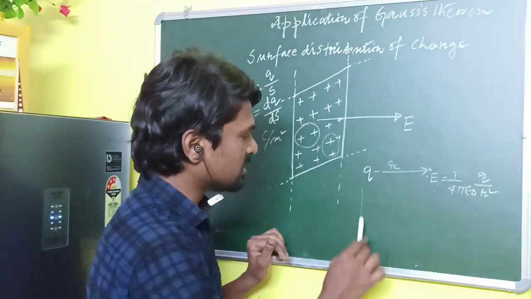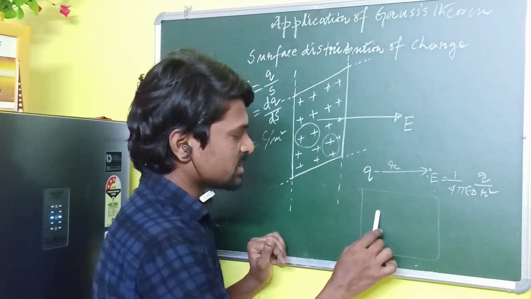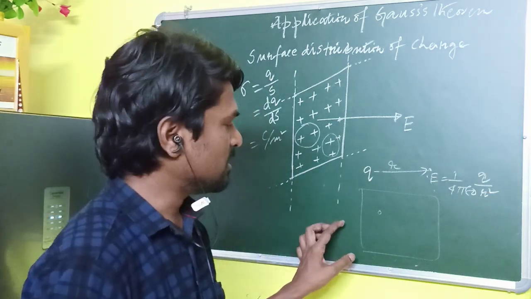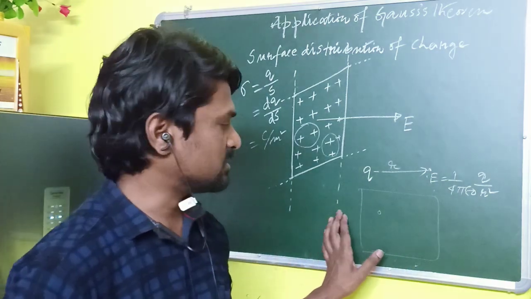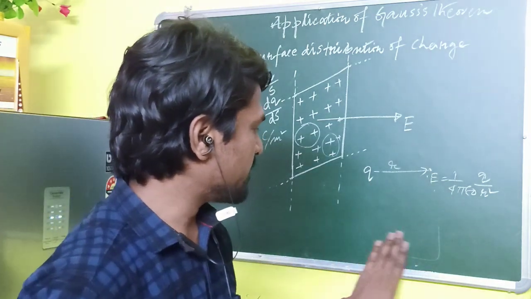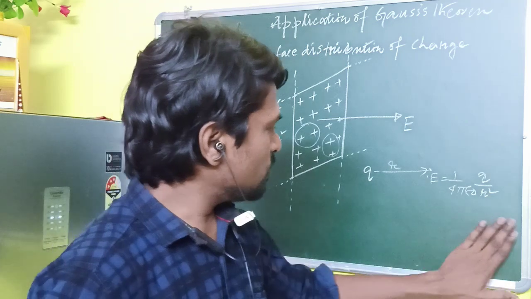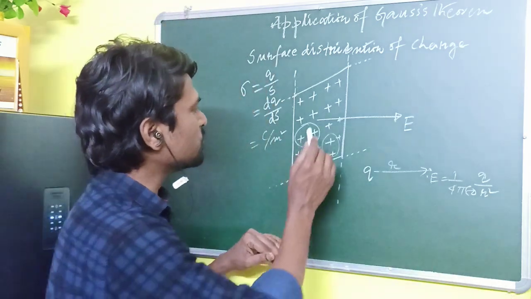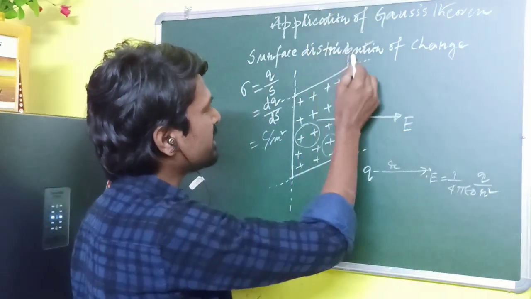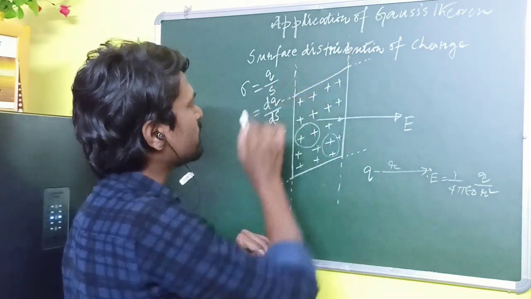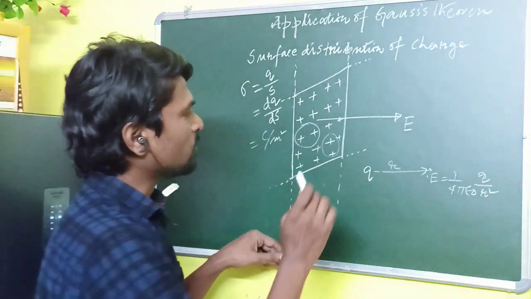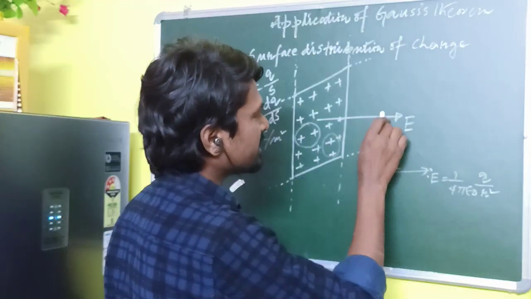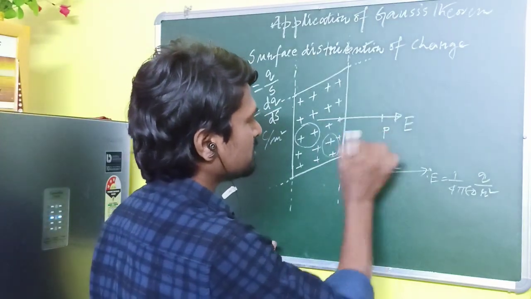If we consider this surface and take a small portion, we can compare it with the total surface that is infinitely extended. So a small portion is taken and the surface is infinitely extended. That's why you can represent it like that. You have to calculate the electric field at a point.